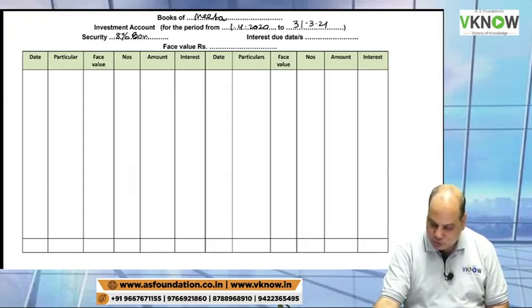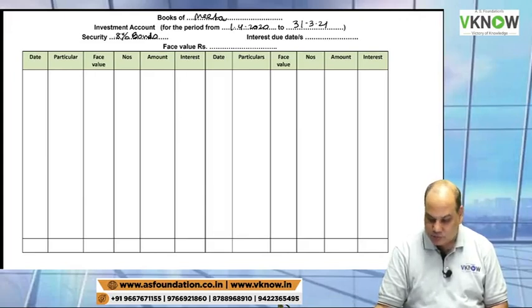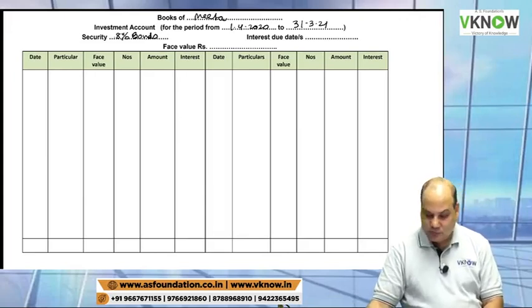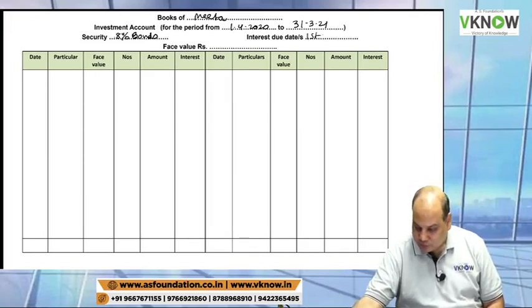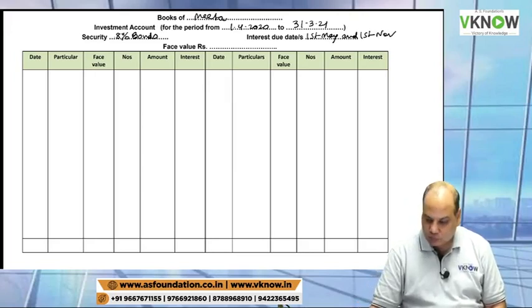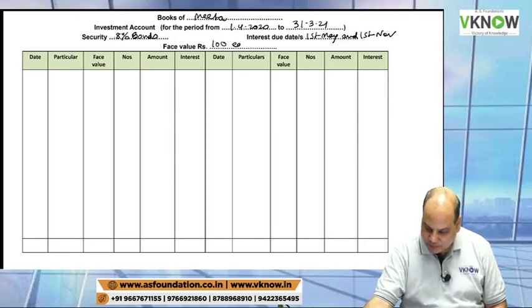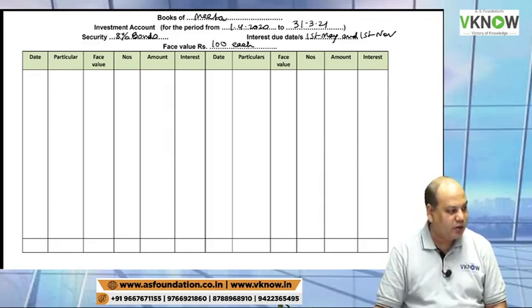You will practice all questions today. You have promised me. Interest due date in this question is 1st May and 1st November. And then the face value is rupees 100 each.